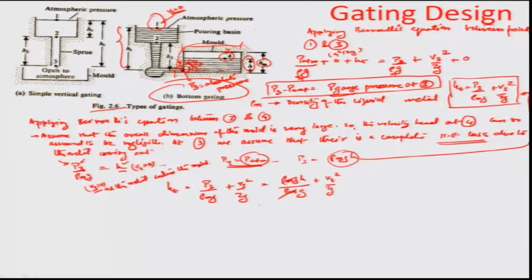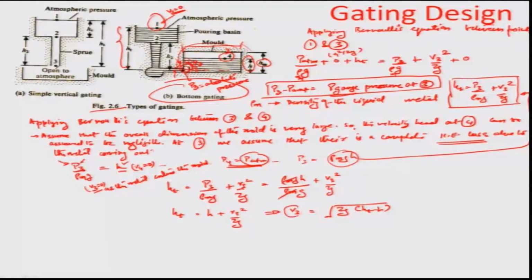So, these terms get eliminated completely, and we are left with a situation where we have H T equal to h plus V3 square by 2g, or in other words V3 becomes equal to the square root of 2g times H T minus h.